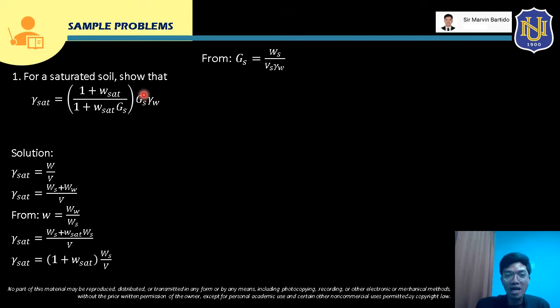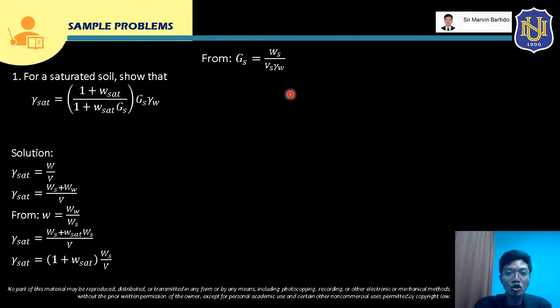So yung mangyayari class, di ba yung formula niyan, W sub S over volume ng soil solid times gamma ng water. So pwede natin to gamitin para ma-express natin itong W sub S. Kasi dito class, kailangan may mapalabas tayo na may specific gravity, eh. 'Di ba? So kailangan mai-express natin ito, yung term na to, in terms of specific gravity.